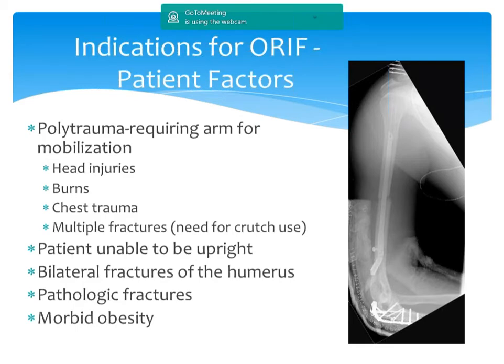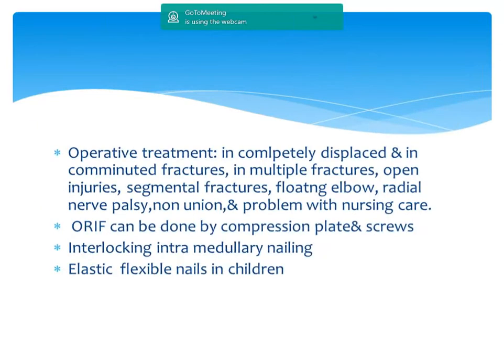Patient unable to be upright and bilateral fractures of the humerus must be treated surgically. And pathological fractures, definitely we have to go for surgery. Operative treatment in completely displaced and comminuted fractures, in multiple fractures, open injuries, segmental fractures, floating elbow, radial nerve palsy, non-union, and all these things are the indications for operative treatment.